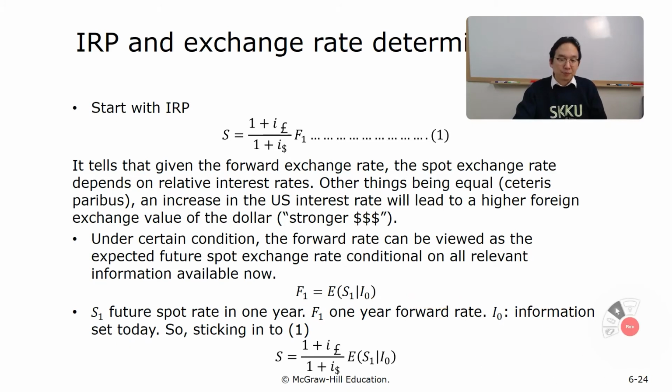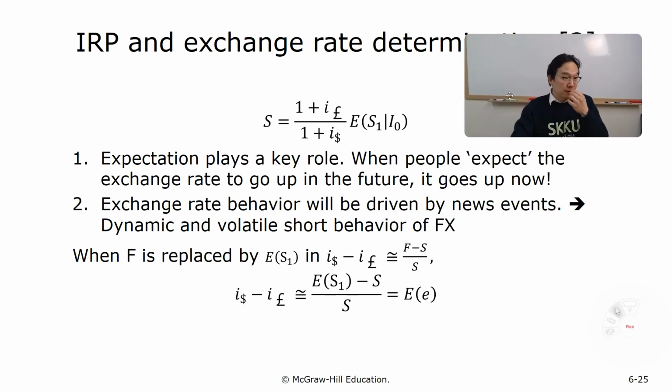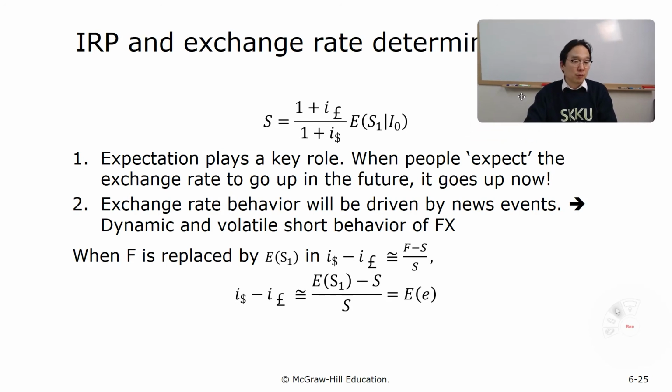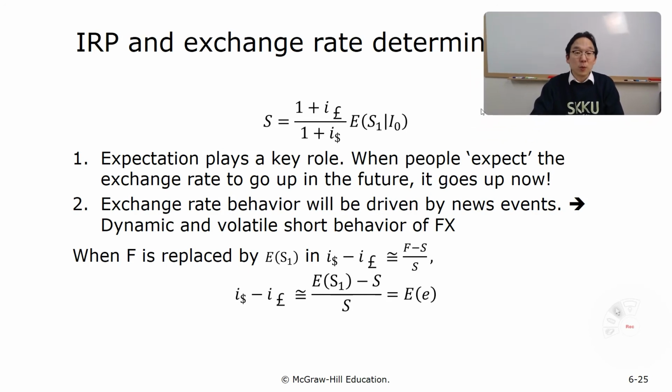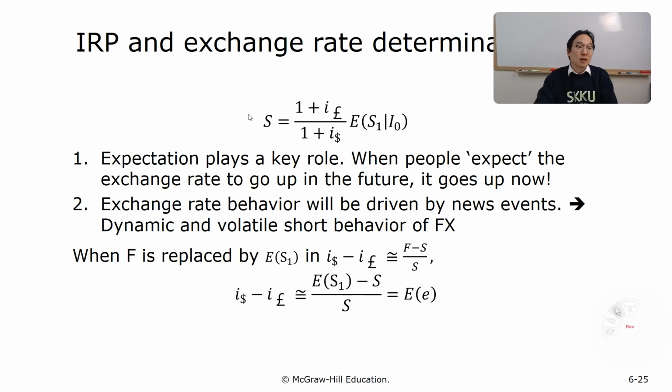Now, IRP and exchange rate determination. What are we trying to do here? We are trying to extract some intuition using this formula, representing the spot exchange rate. What determines the spot exchange rate today, given other things?